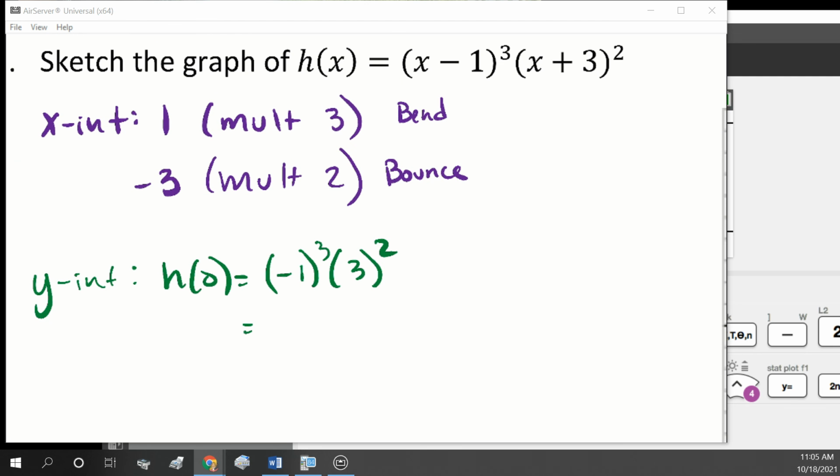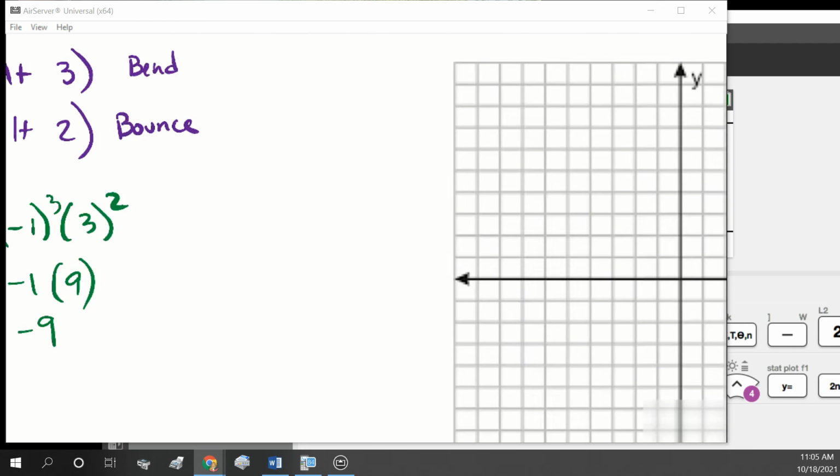So what is negative 1 cubed? Close. Negative 1. So 3 negatives make a negative when you're multiplying. All right, so our y-intercept needs to be negative 9. All right, I'm going to start off. I'm going to graph those intercepts.